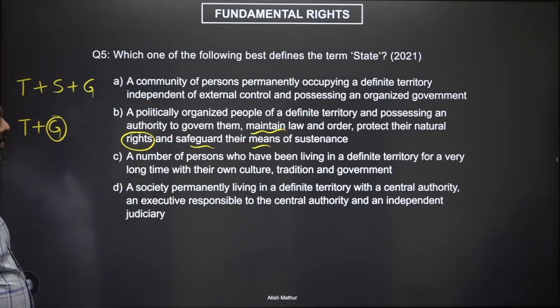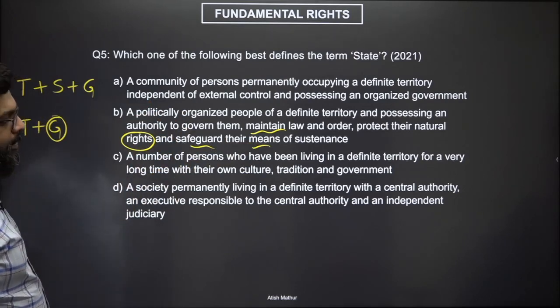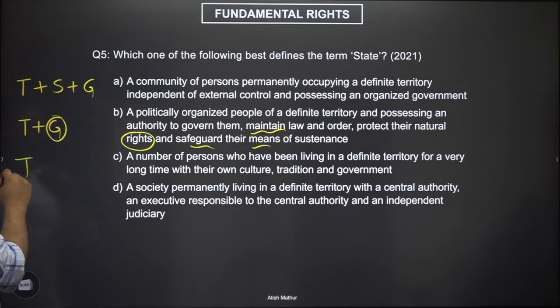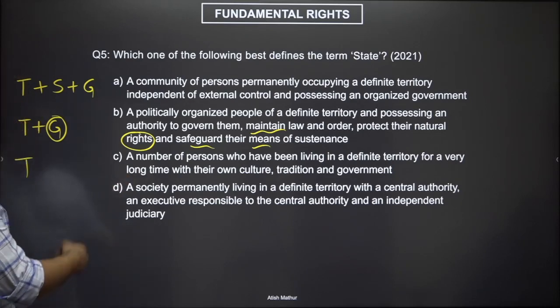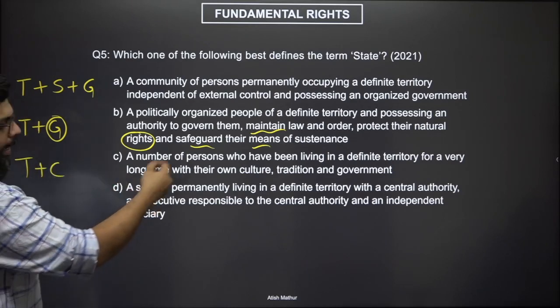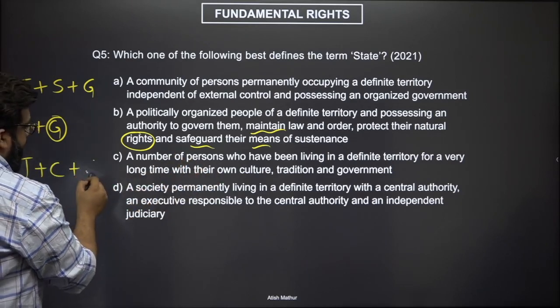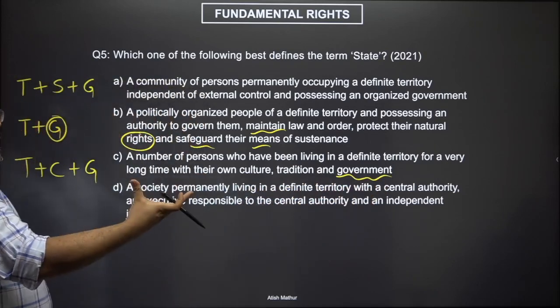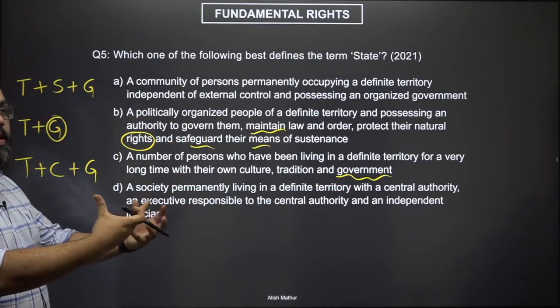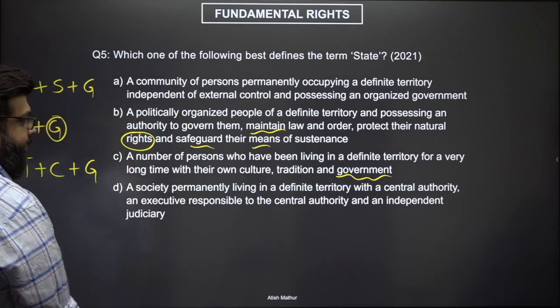Now look at option number C. A number of persons who've been living in a definite territory for a very long time with their own culture and government. This is with their own government, which means their own locally set up government. Okay?